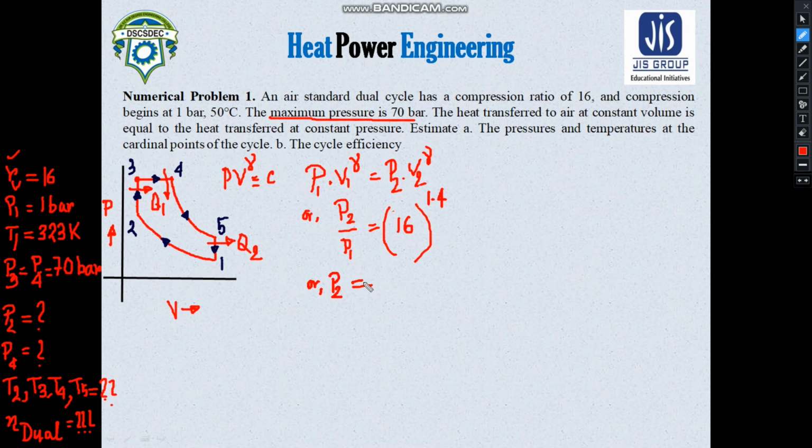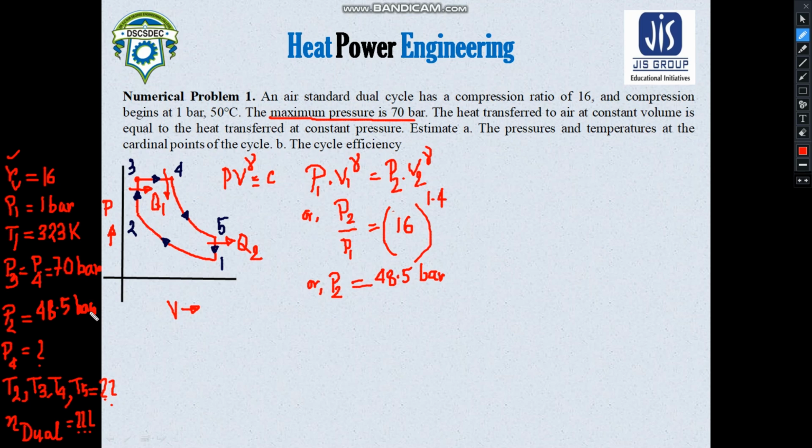So we can easily calculate this pressure P2, and if you calculate this, you will find that P2 becomes 48.5 bar. So the first part has been calculated for the pressure.